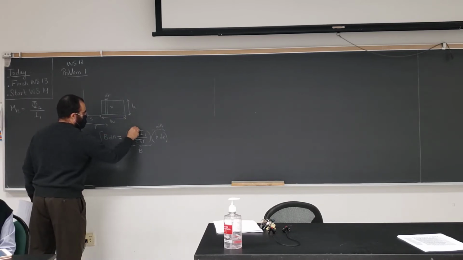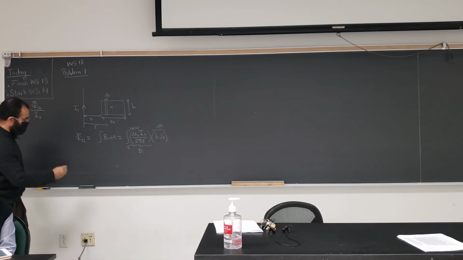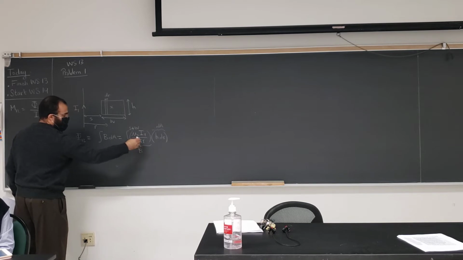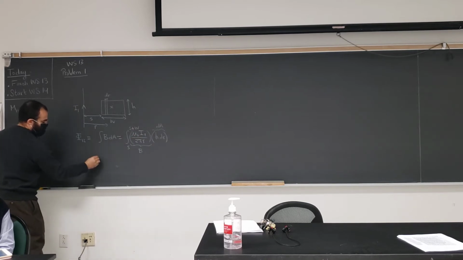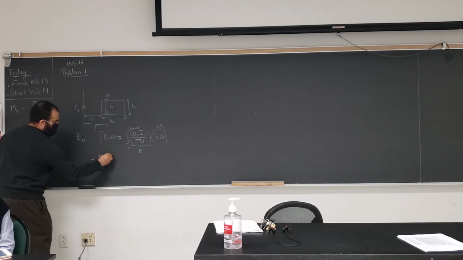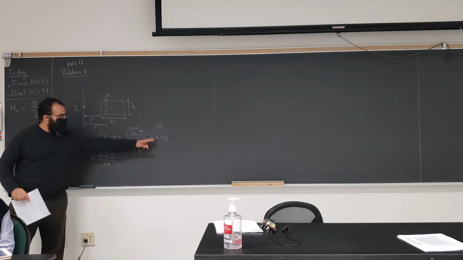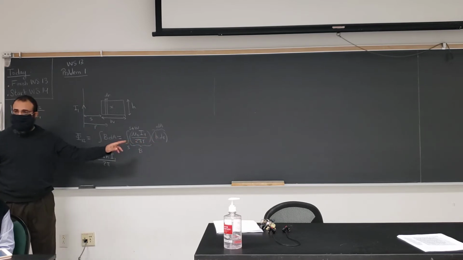As you can see, mu naught, I1, over 2 pi, and h all get pulled out. What remains in the integral is dr over r. What's the integral of 1 over r? ln.